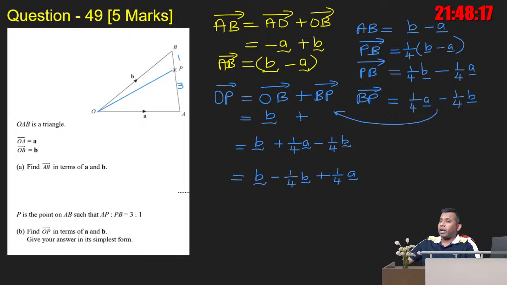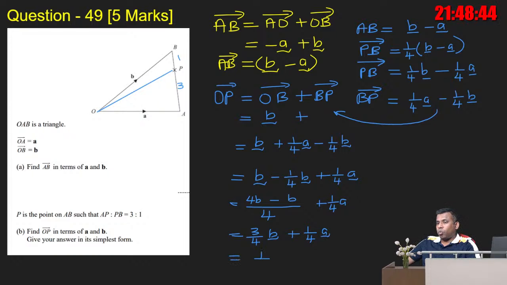So if we simplify, that is the answer. B vector, I'm going to take the common denominator, which is 4. So 4B minus B, plus 1/4 A. So now I got the answer, 3/4 vector B plus 1/4 vector A, right?